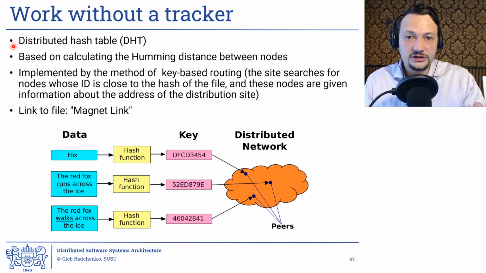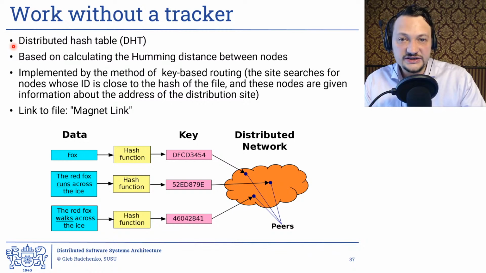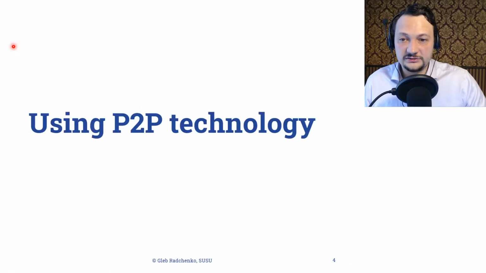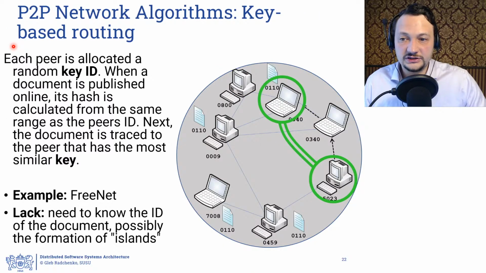This approach is based on the key-based routing mechanism that we discussed in our previous lecture. That mechanism is based on the concept that when you add a new document to your network, you assign it a special key, and this key allows you to route this document through the network.